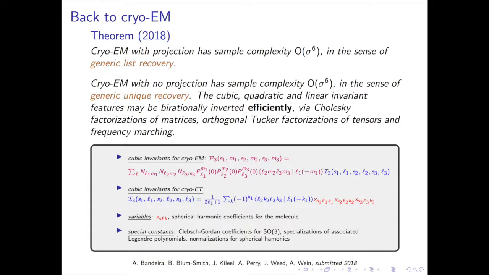These are Clebsch-Gordan coefficients for SO3. Then the invariants for cryo with projection are certain linear combinations of these unprojected invariants. And the linear combinations, again, are quite complicated. So they involve another Clebsch-Gordan coefficient and then certain special values of spherical harmonics.